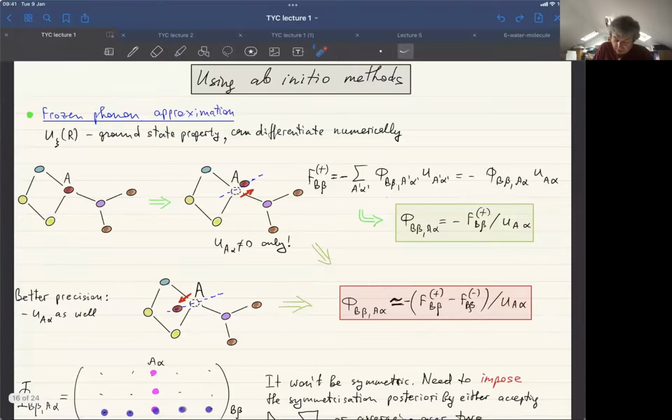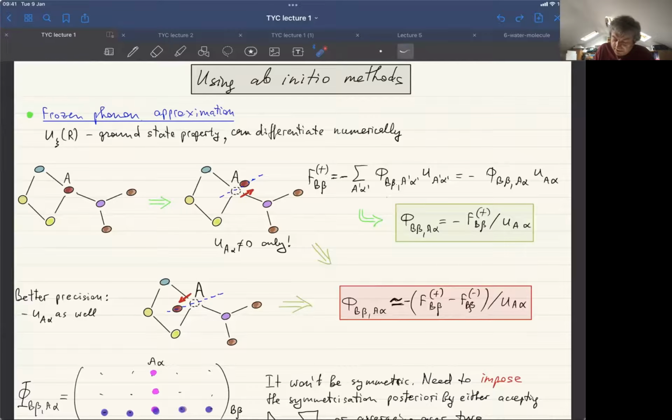The force is given by that linear expansion with the force constants, but because only one displacement is non-zero, we're left with a single term in that sum. So we know the displacement, and from the ab initio calculation we would know the forces acting on the atoms if we perform this displacement on that single atom.